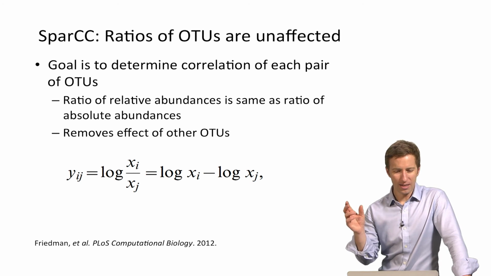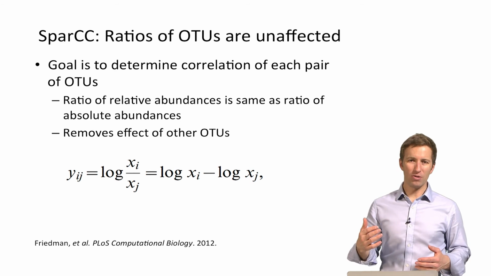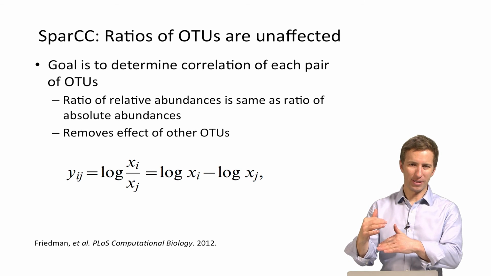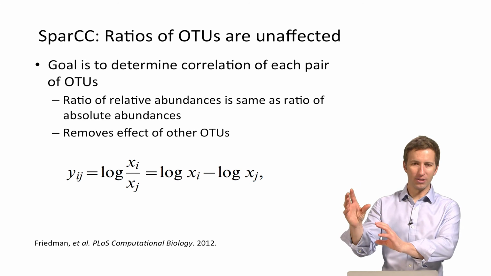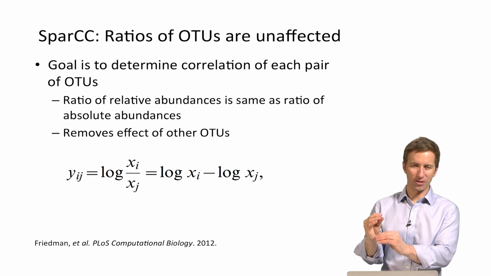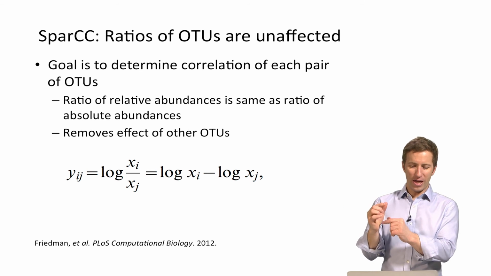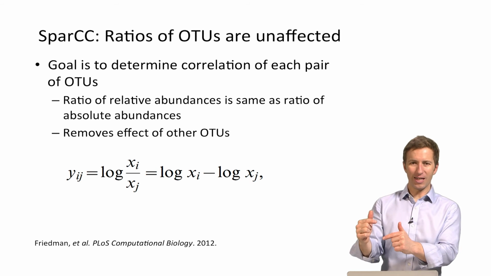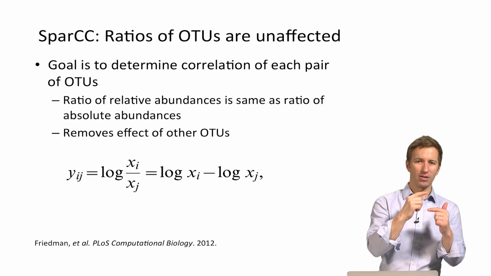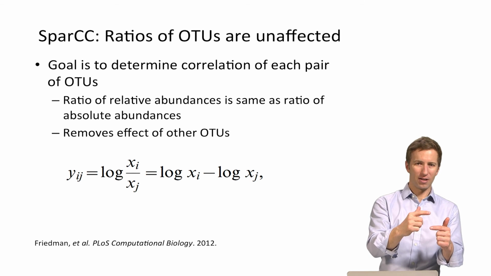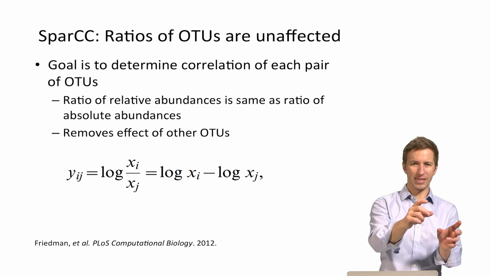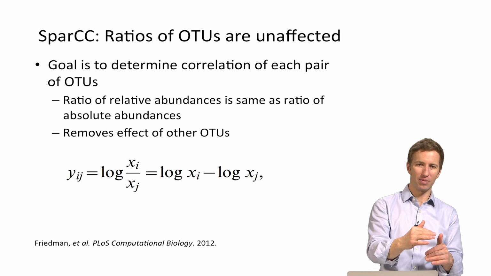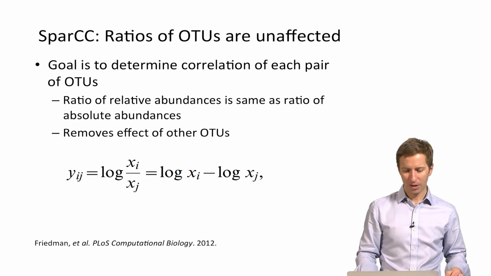The underlying premise is that when you take the ratio of two of your species, even if it's the ratio of their fractions, their relative abundances, then that's the same as the ratio of their total abundances, because to get the relative abundance they had to have been divided by the same denominator.